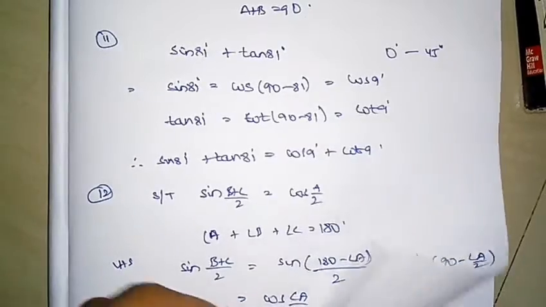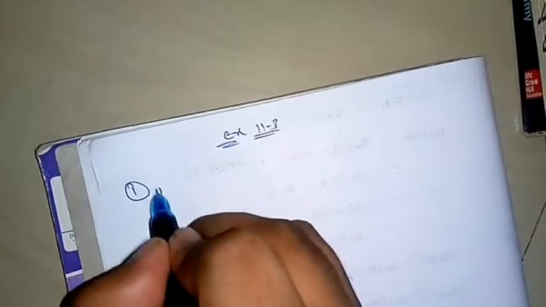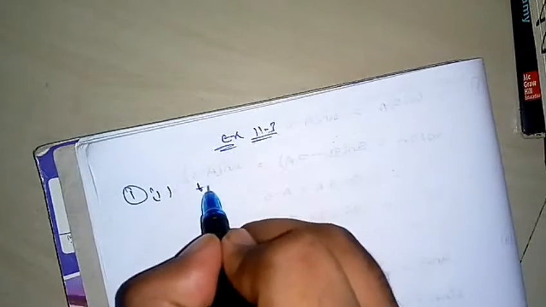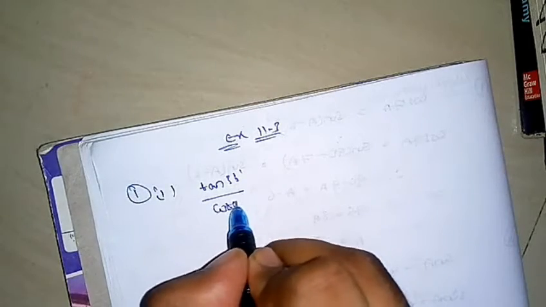Now let's start doing Exercise 11.3. First bit, first one. Evaluate tan 36 degrees by cot 54 degrees.